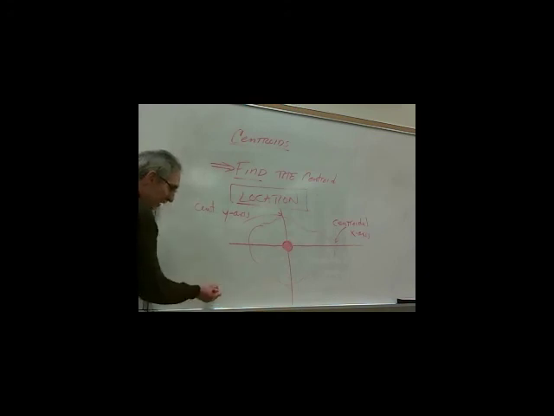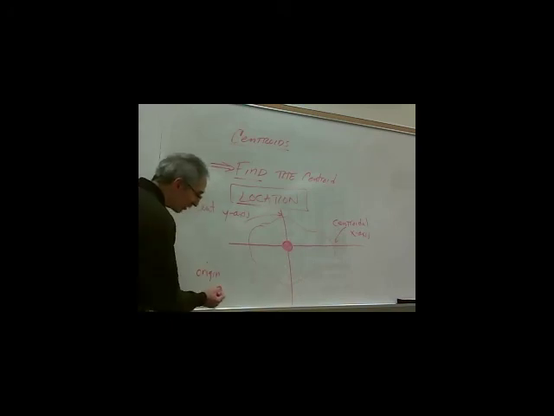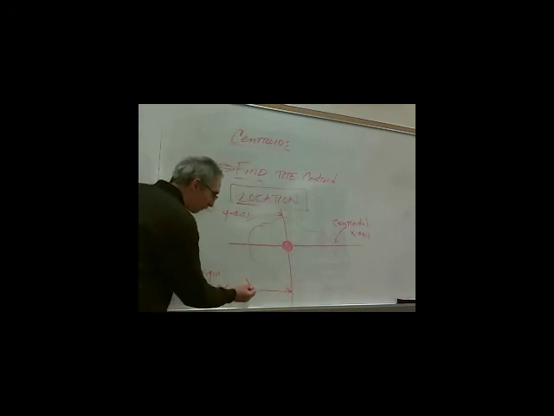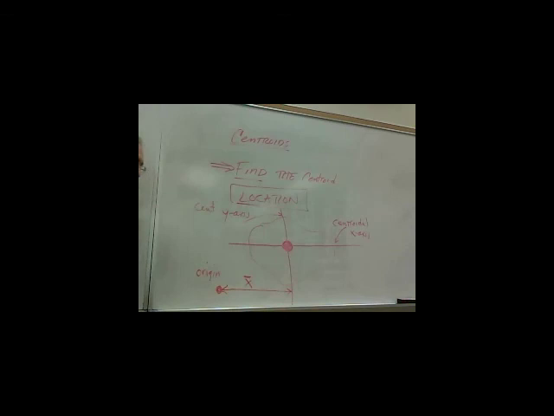That's the same way with centroids. We've got to have an origin, or a place of beginning. From that origin, I'm going to travel so far in the x direction to get to the y centroidal axis.